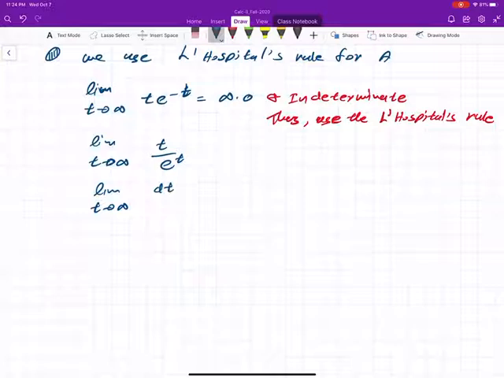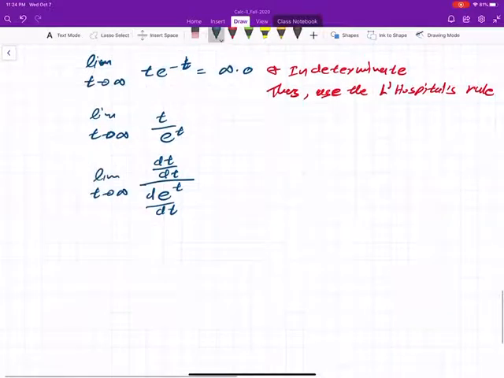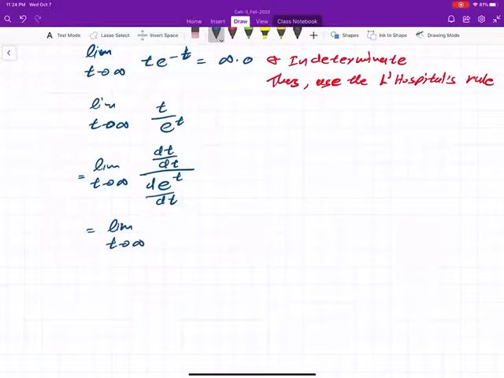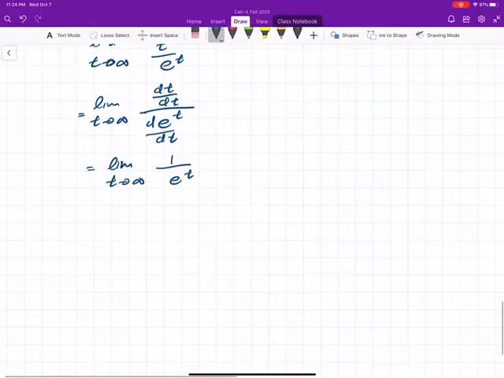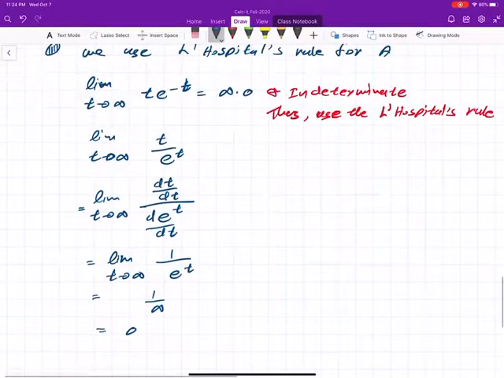So you write dt over dt and d(e^t) over dt. This equals the limit as t goes to infinity of 1 over e to the power t. Now you apply the limit. What you get here is 1 over infinity, which is 0. So that part is 0.